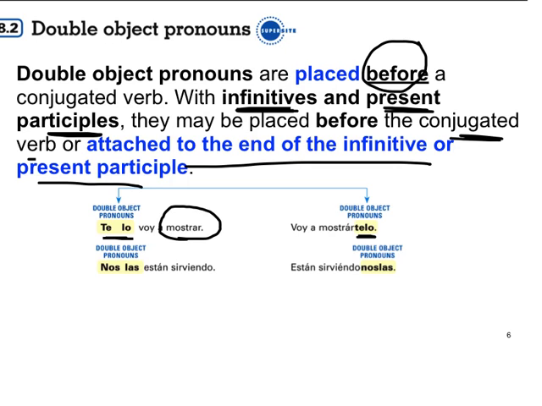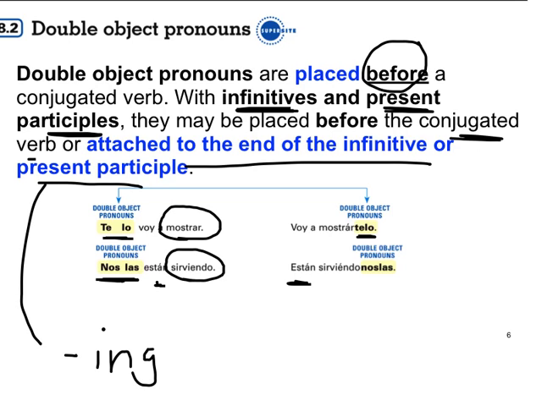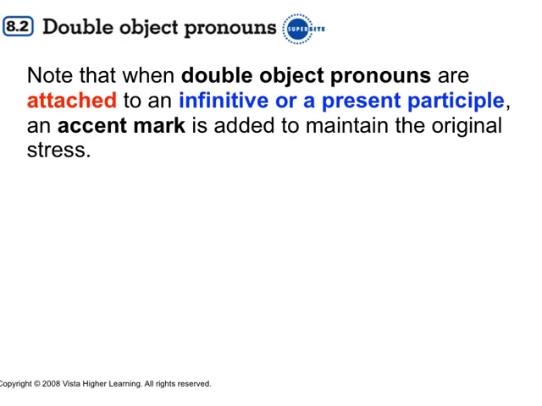Likewise, nos las están sirviendo, before the conjugated verb, which is están, or you may attach because you're using a present participle. The present participle, once again, is the -ing form of the verb. Están sirviéndonos las. And so, class, whenever you attach double object pronouns to an infinitive or a present participle, you have to write the accent mark on the original stress.